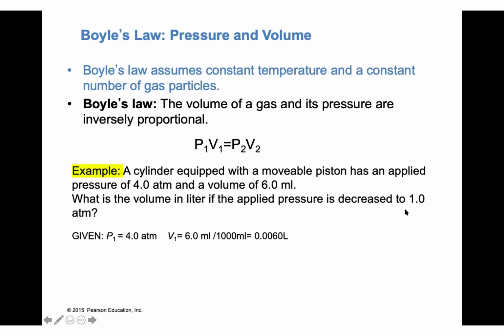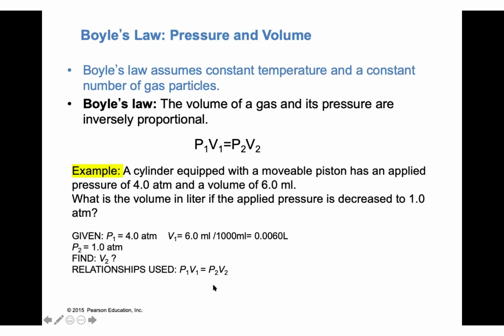What happens if I decrease the pressure from 4 atmosphere to 1 atmosphere? We write it down using this equation. It gave us P2 as 1 atmosphere, and is asking for V2.